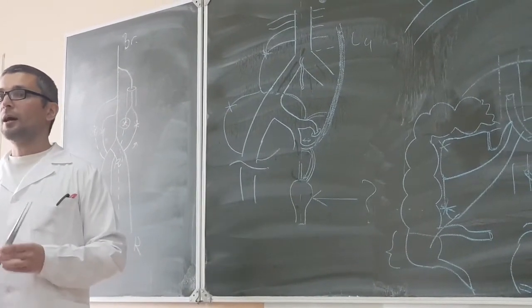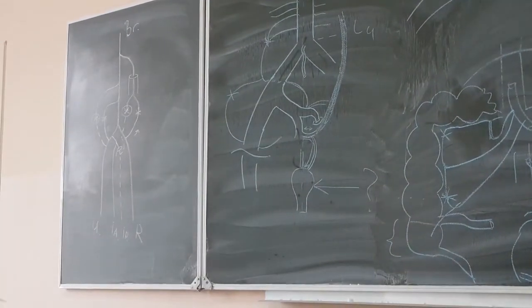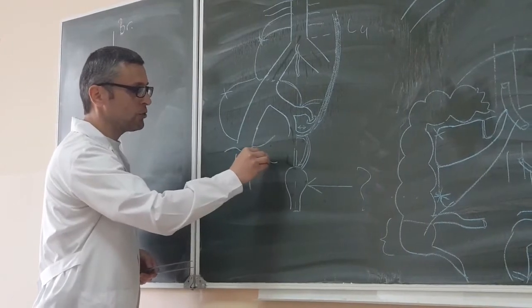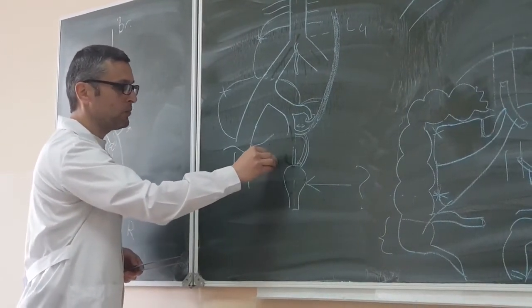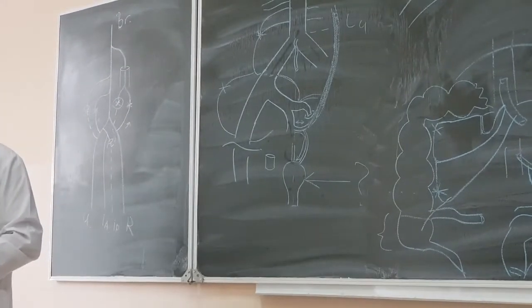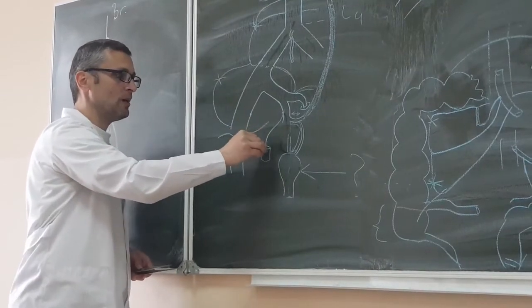Anterior trunk. How can I identify these branches? Also a very easy way. The first artery which you can identify very easily is the artery which goes to the canal which is present in the anterior wall of the pelvis. This artery goes to this canal. Do you remember how this canal is called?